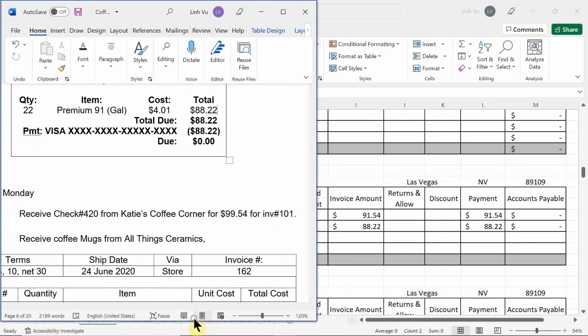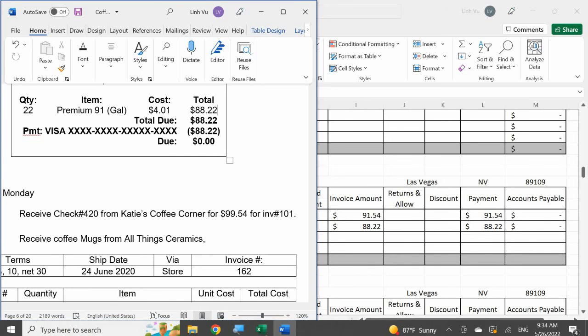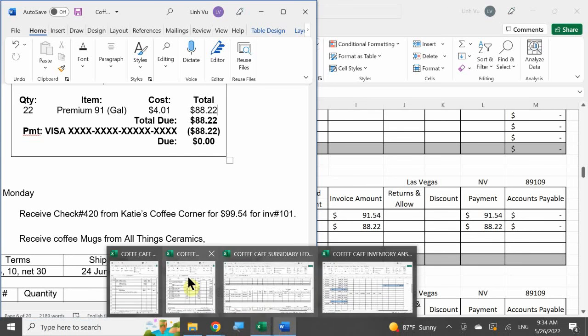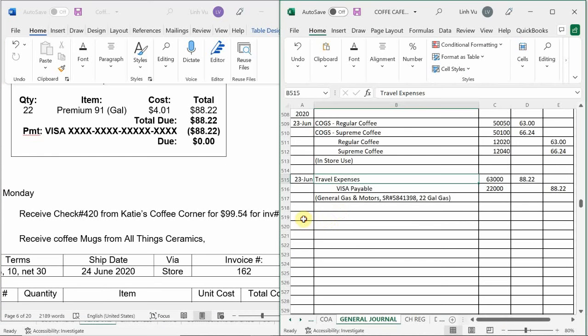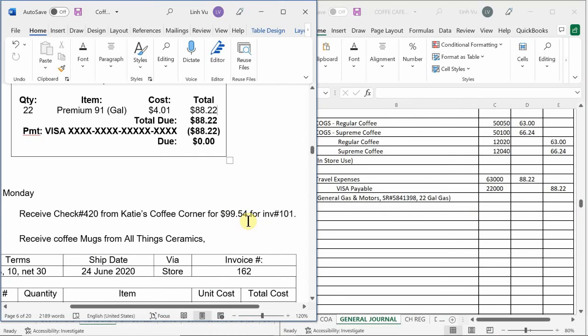So in this case, we just received a check for $99.54. So how do we journalize that? We're on the 24th now, and she paid $99.54 for her invoice number 101.